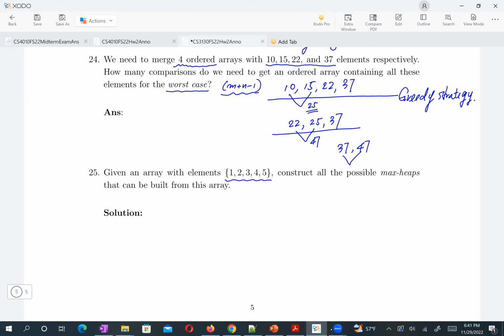Here, let me draw the basic structure a little bit. Because with the 5 nodes, our heap becomes the structure like this.